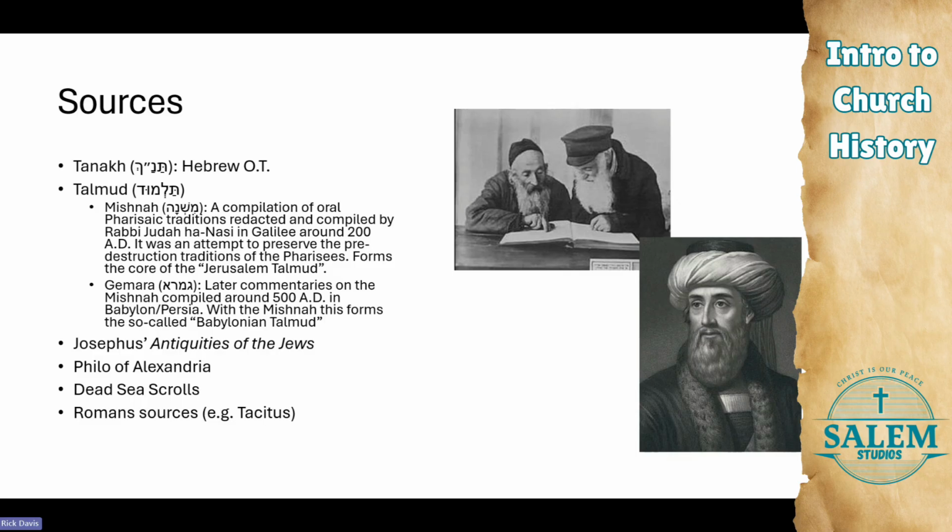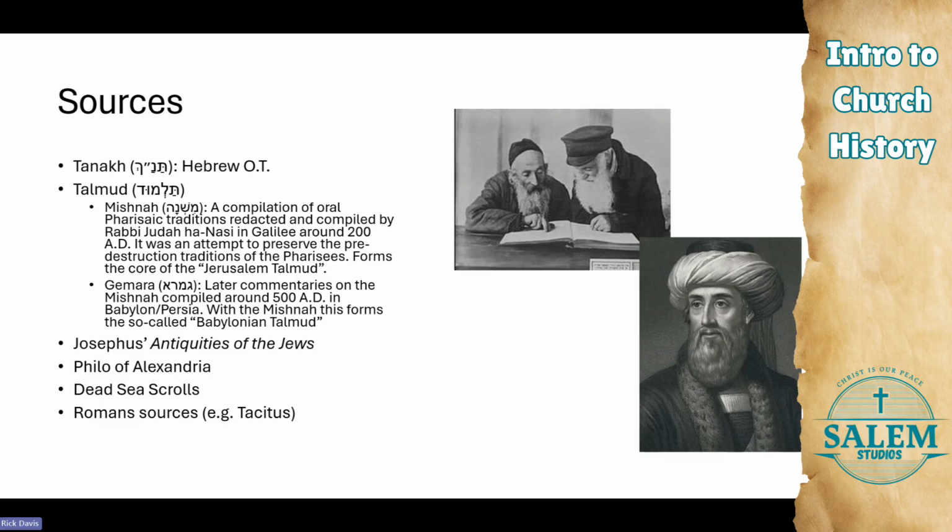The second is the Talmud, which is divided into 2 parts traditionally. There is the first part, which is the Mishnah, which is a compilation of oral Pharisaic traditions that were written around the year 200 by a particular Jewish rabbi, Judah Hanasi.